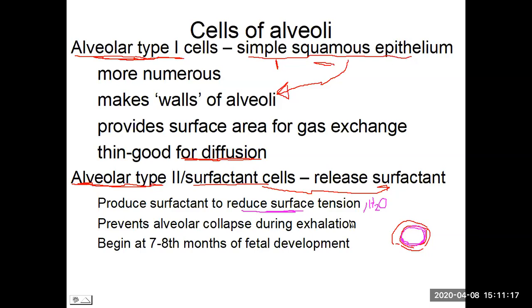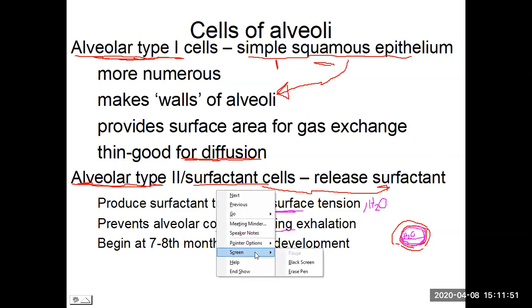However, water molecules are attracted to one another. So if we have, of course, water in this area, the water molecules on one side would be attracted to water molecules on the other side, for example, and that could cause the collapse and closure of the alveoli, so greatly compromising a person's breathing. So with the production of surfactant from these type 2 cells, this helps to reduce the attraction between water molecules.